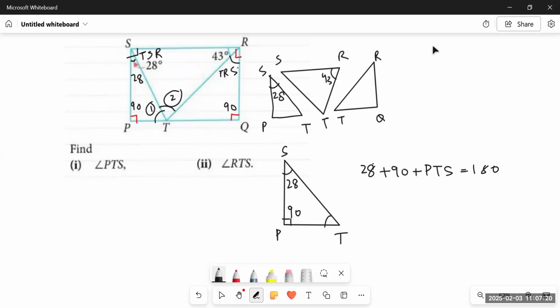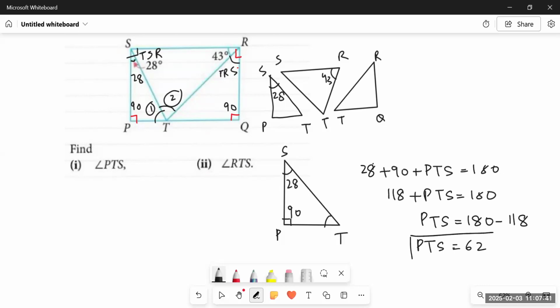First we add 90 with 28 and get 118. In the next step, we simply subtract it from 180 degrees to find the value of angle PTS, which would be 62 degrees. It means this angle is 62 degrees. That's it. You see how easily we have found this angle.